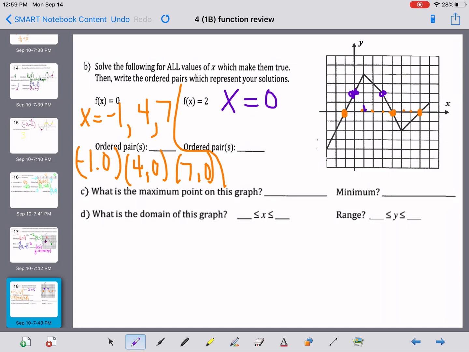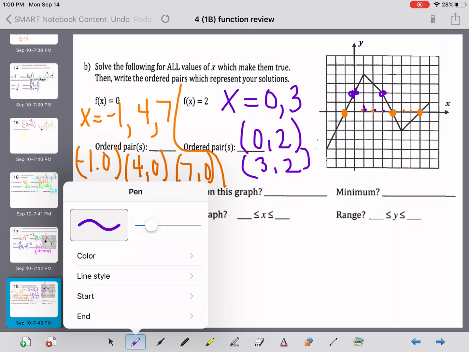And then 1, 2, 3 is our other value of x. So when we write this, we're going to have our ordered pair at 0, 2. And the other one's going to be at 3, 2. Again, x goes first when we write these down.